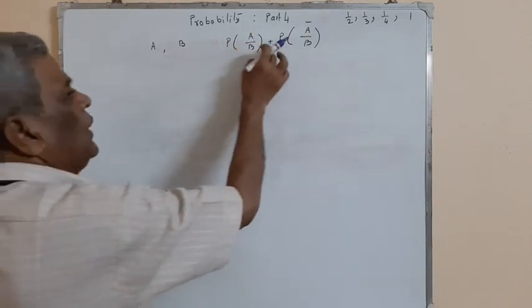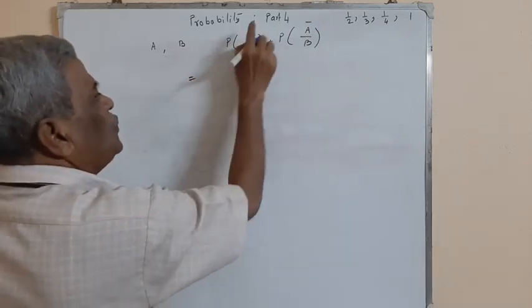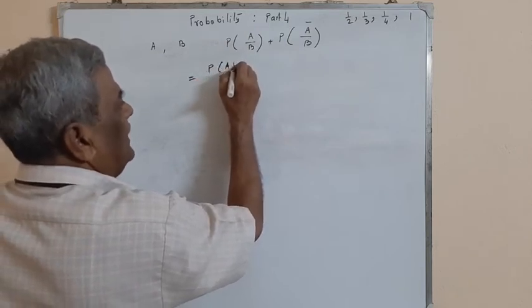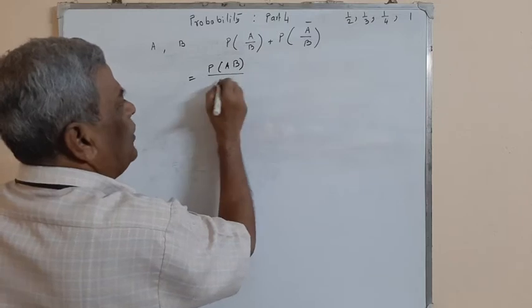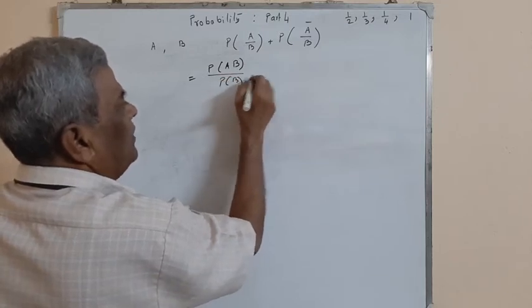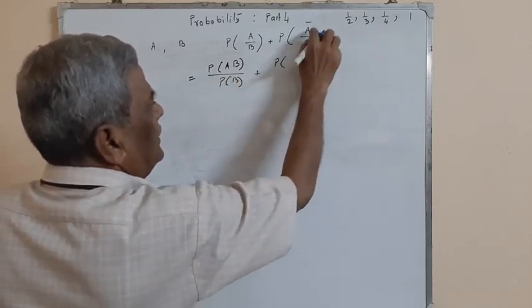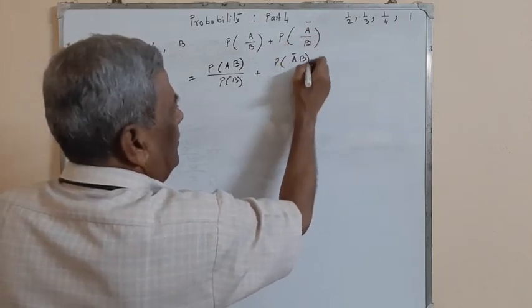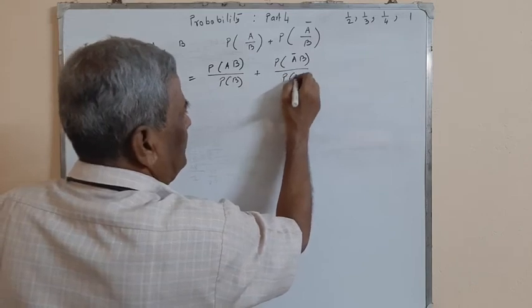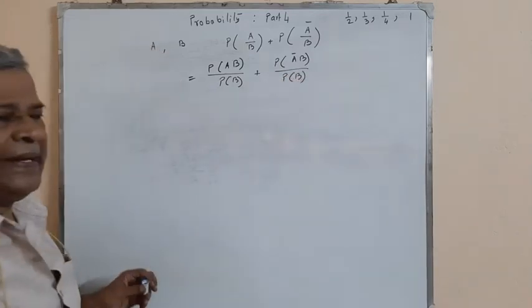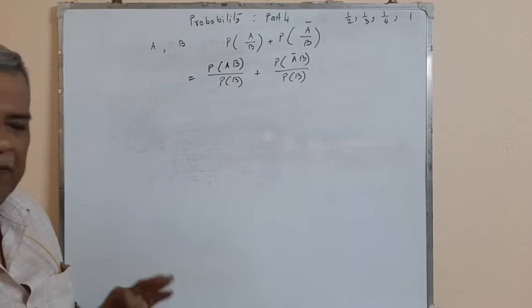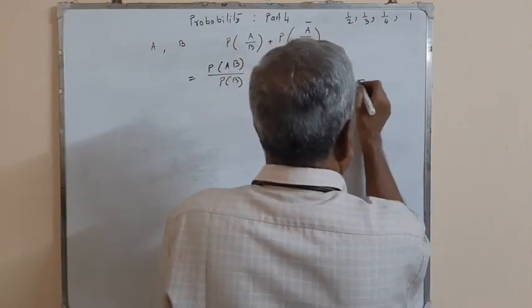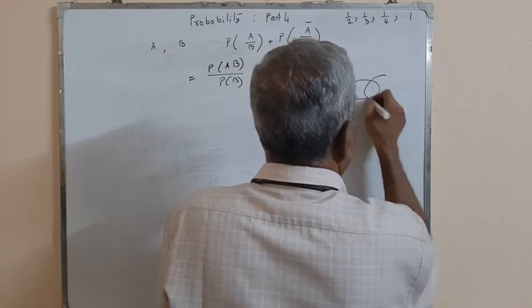Actually, this is equal to the probability of A intersection B, I write it AB, by the probability of B, plus the probability of A bar B by the probability of B. Now, with the help of a Venn diagram, the problem is solved very easily. Suppose this is our A and this is our B.